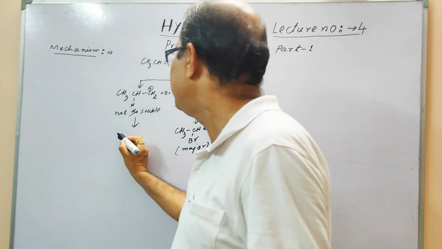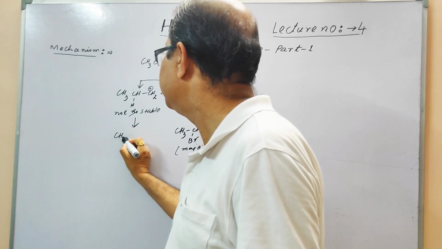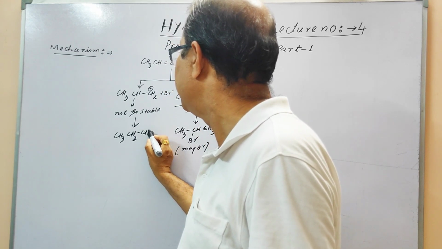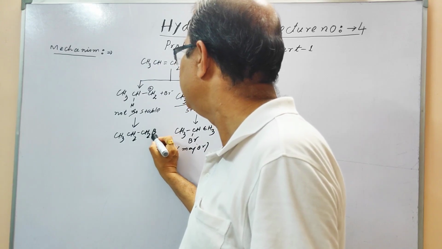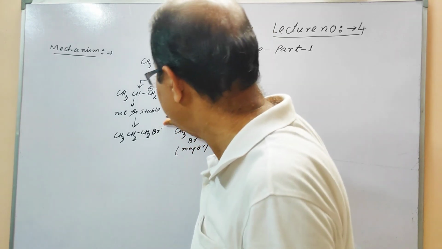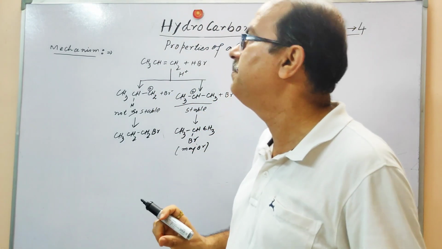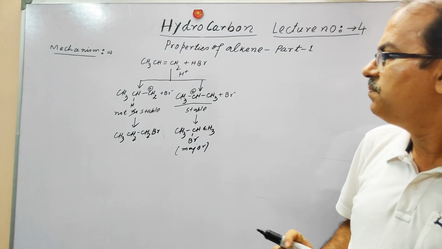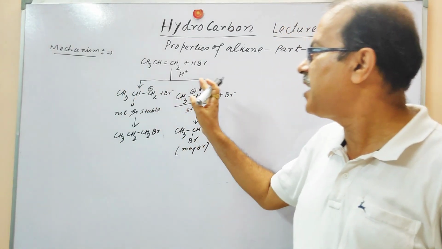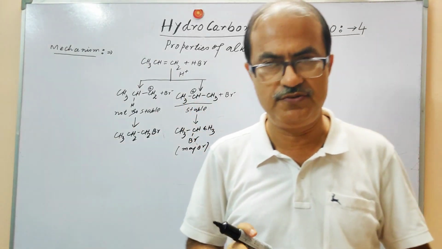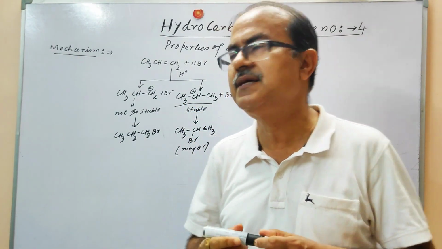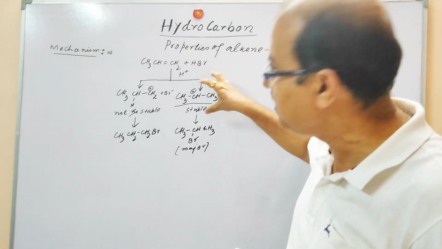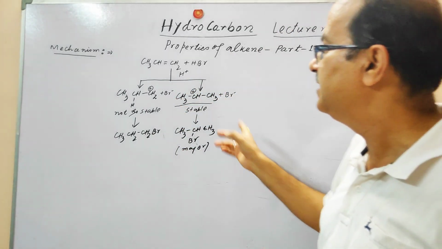And you understand the utility or truth of this Markovnikov rule. Because a carbocation is produced in this process, that is, in the electrophilic addition reaction, and this secondary carbocation is much more stable than this carbocation.